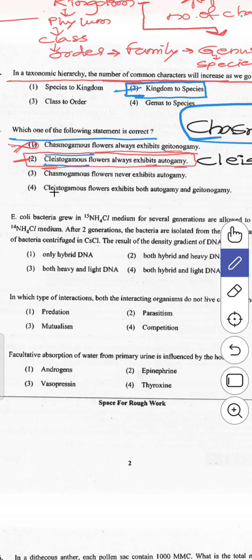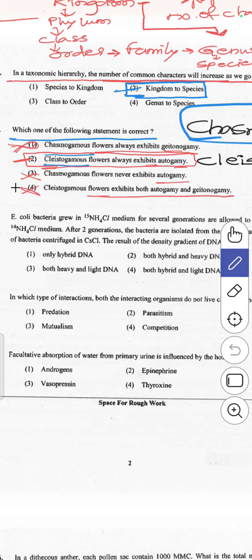Let's read out other two options. Chasmogamous flowers never exhibit autogamy. This is also wrong. This chasmogamous can undergo three different modes of pollination, that is autogamy, geitonogamy, xenogamy. So here they have mentioned never exhibit, so this one will also be considered wrong. Then fourth one, cleistogamous flower exhibit both autogamy and geitonogamy.